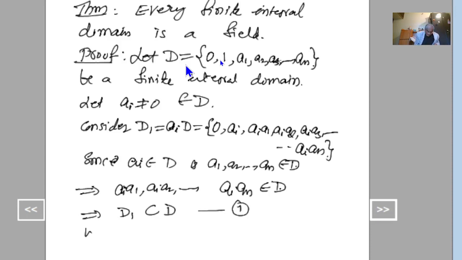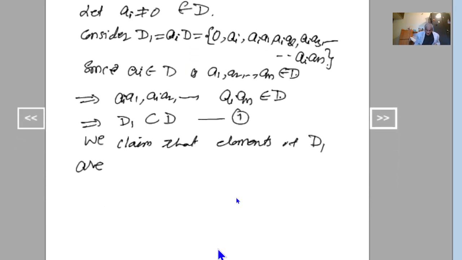And here we claim that elements of D1 are distinct. So no two elements of this are same here. Okay. Now here, if possible, suppose two elements are same.